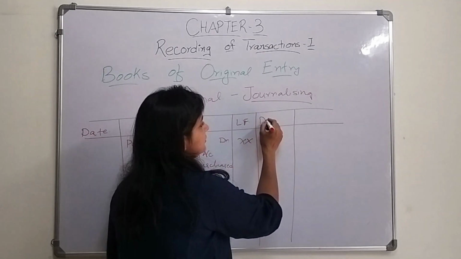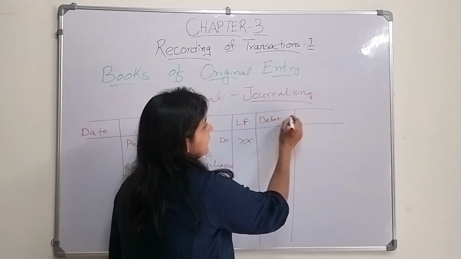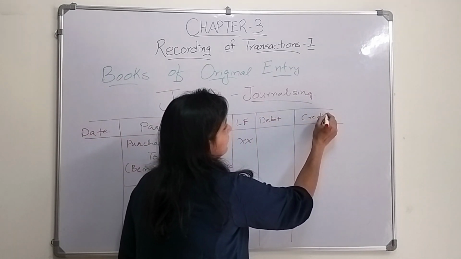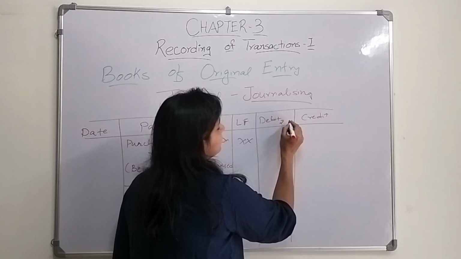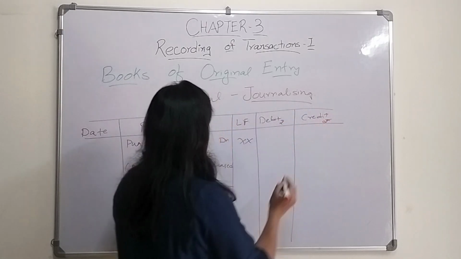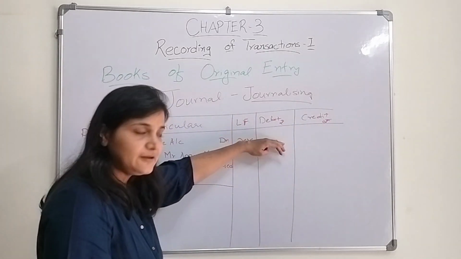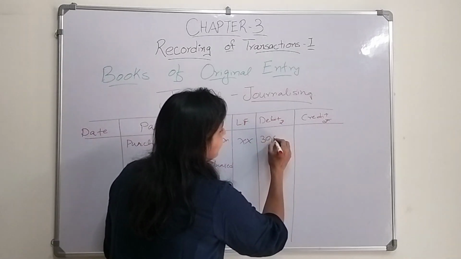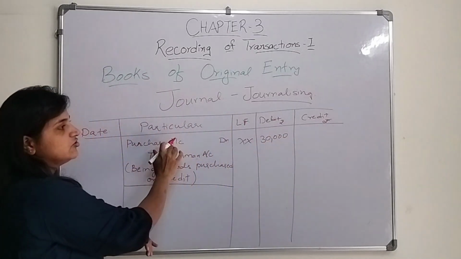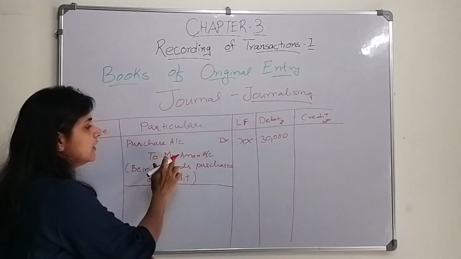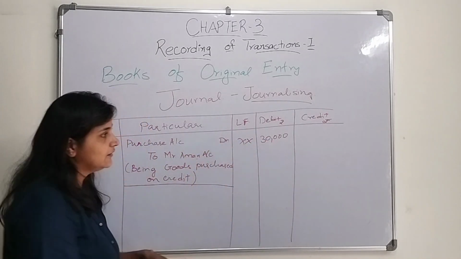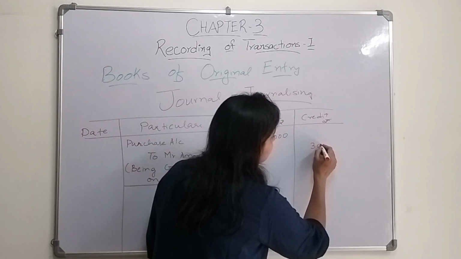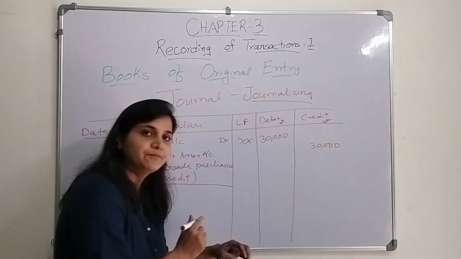And here we will write debit and credit. Whatever amount is being debited, purchases worth rupees 30,000, I'll write in the debit column. The account which is debited, I will write the amount in debit over here. Aman account is being credited by that same amount, I will write in credit.